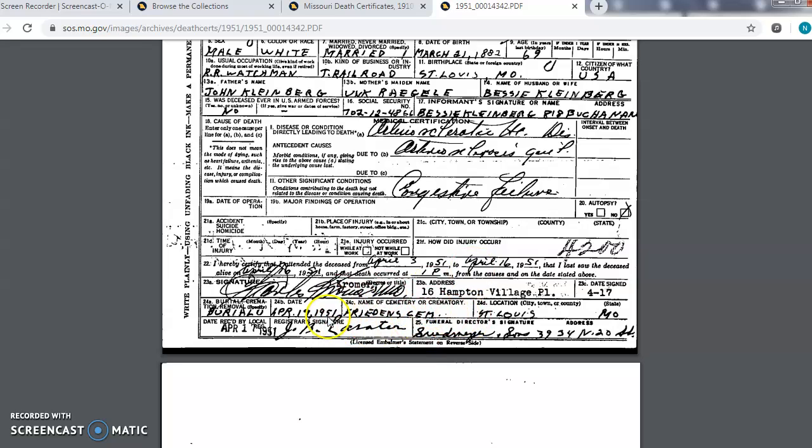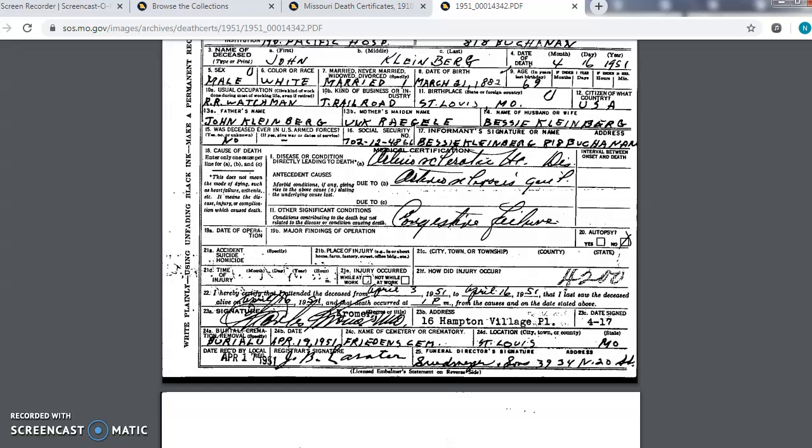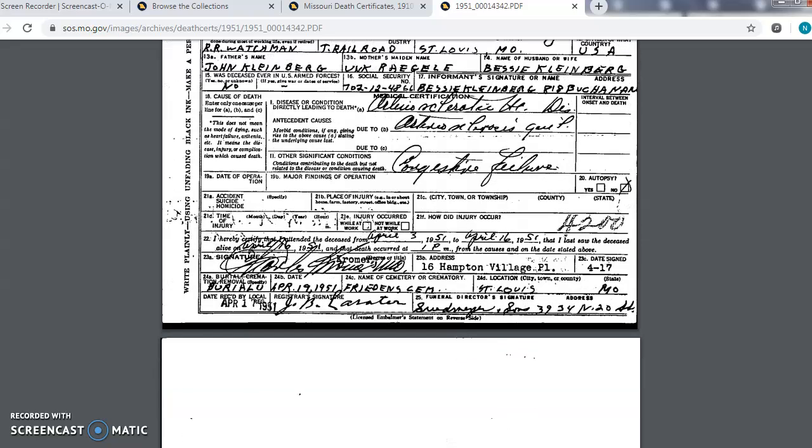And then also sometimes they list where they are buried. All good information so that you can then go to a cemetery database and look up Friedens and find the grave for that particular person.